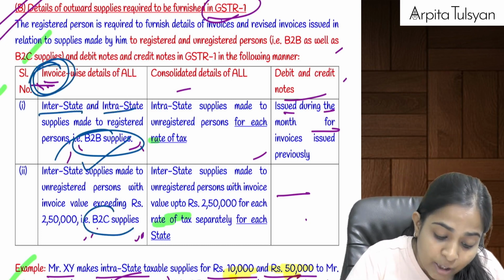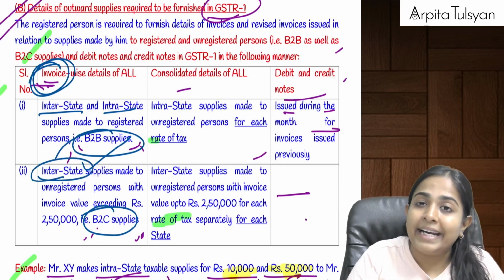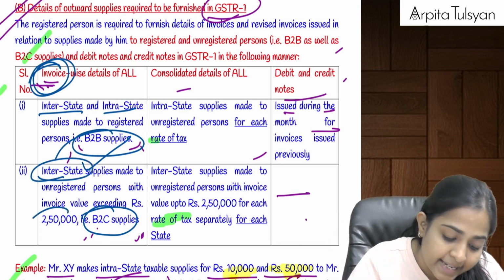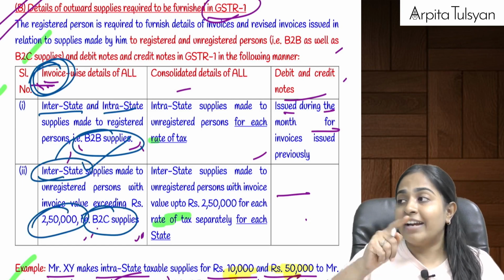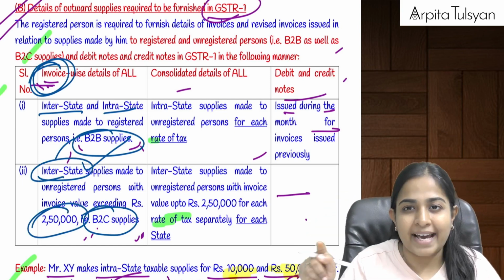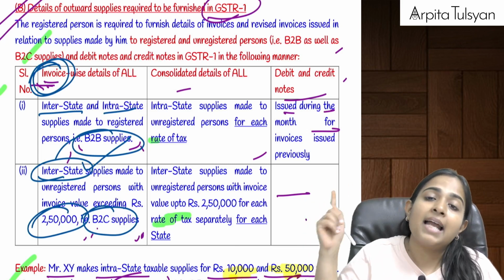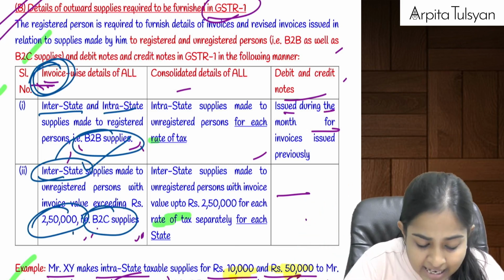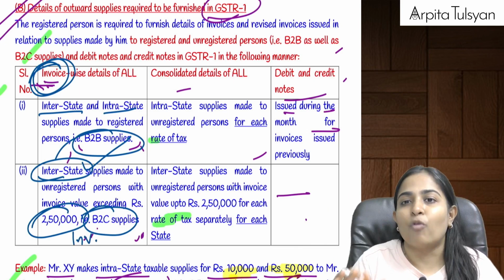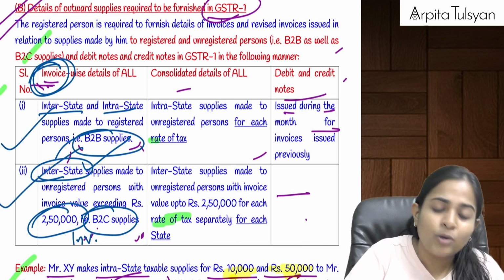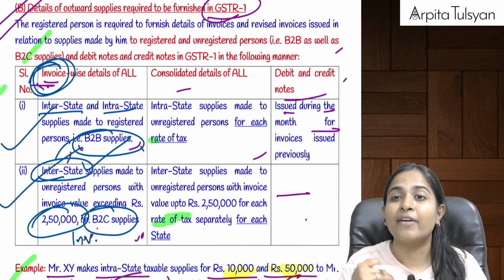And for B2C, only for interstate where the invoice value exceeds 2.5 lakhs, when I have sold directly to a customer, but it is interstate, and the invoice value is more than 2.5 lakhs, please submit the details invoice wise. These are the only two cases where you have to give invoice wise details.